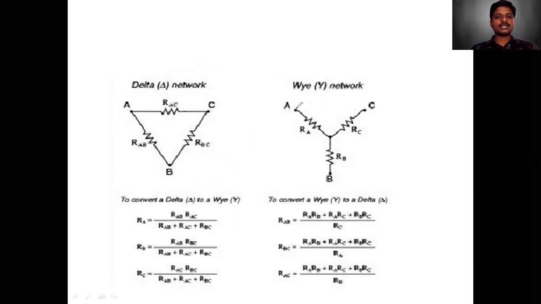And coming to star to delta conversion, if you want to convert a star into delta, first you need to assume that there is a delta fitted outside the star network. Suppose you call this RAB. You want to find the value of RAB resistance.